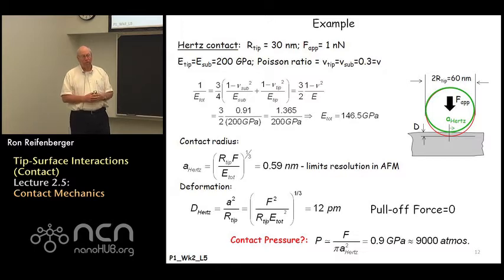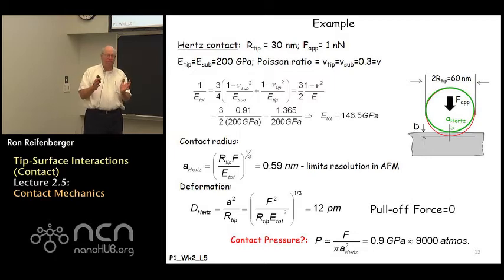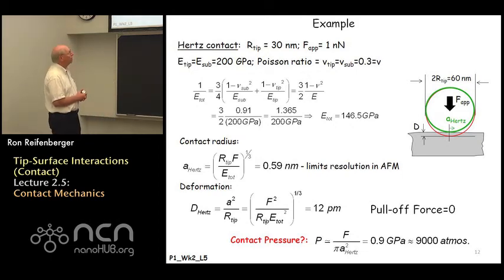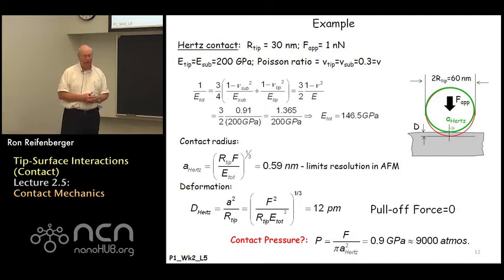We're also assuming that the Poisson ratio for the tip and the substrate is 0.3. So you always have to calculate this effective elastic modulus. That's calculated in the first set of equations here. You find out that the effective elastic modulus for this particular example is about 146.5 gigapascals.